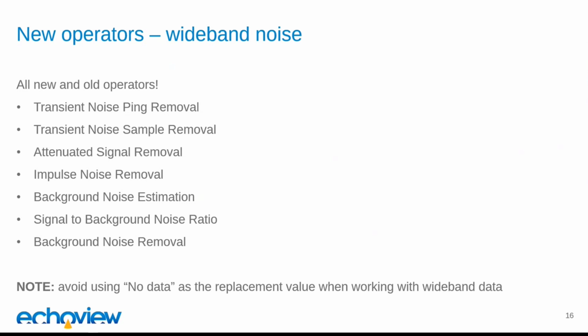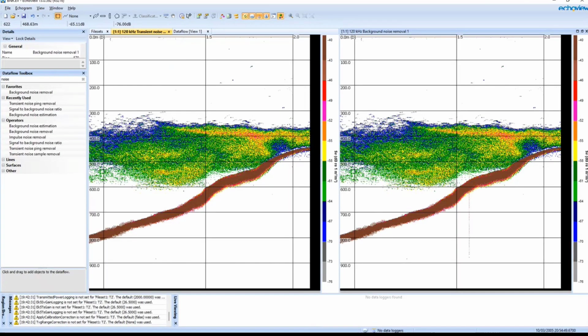And that's because you're potentially removing samples that fall into the window of samples that are used to calculate a wideband frequency response. Rather than using no data, we recommend using the smoothing options to smooth over the noise that's found for wideband data. Let's take a look in EchoView.